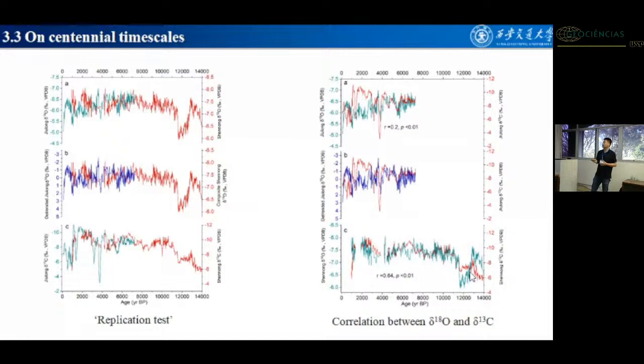And we also calculate the correlation between oxygen and carbon isotope. They are positively correlated at a centennial scale. It means both the carbon and oxygen isotope were influenced by covariation of hydroclimate change.